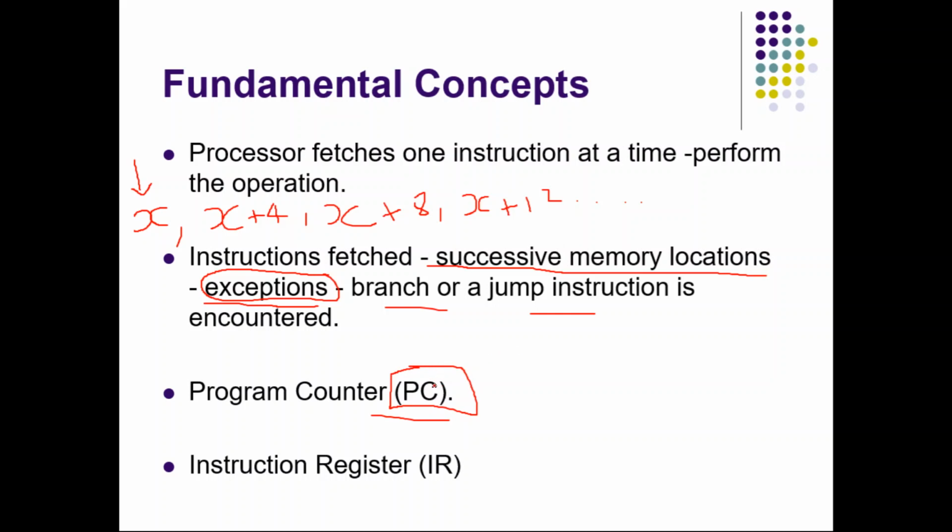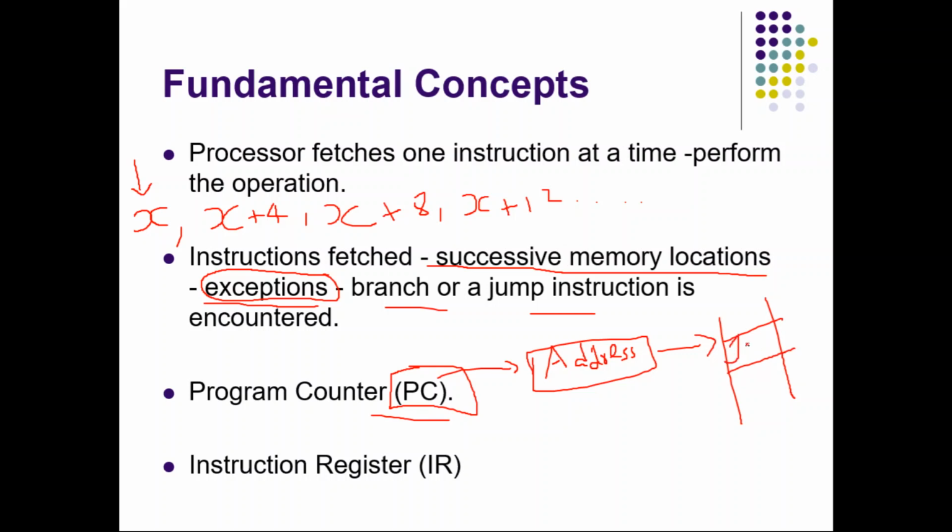The program counter contains an address, and this address can either refer to an instruction or refer to data. If it refers to a program instruction, then the instruction should be decoded and executed, all those things.